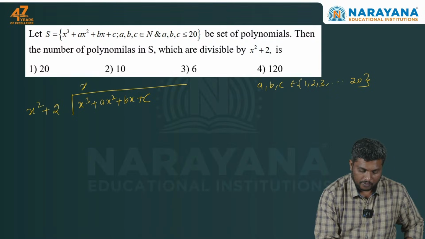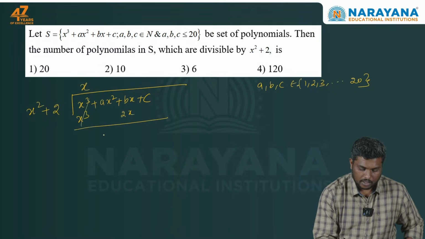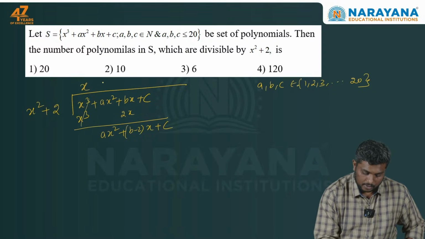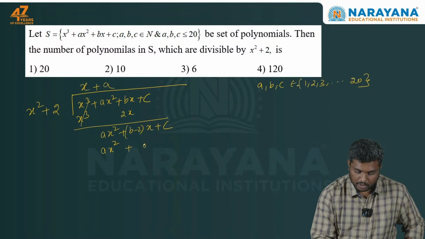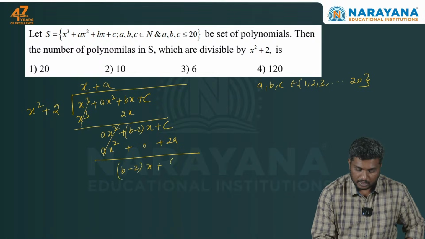So if I do the division, x cube and 2x, cancel it out, ax square plus b minus 2 x plus c, and plus ax square, plus nothing here, 0 plus 2a, and what is the remainder? b minus 2 into x plus c minus 2a.